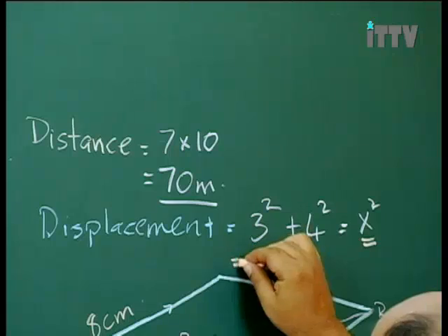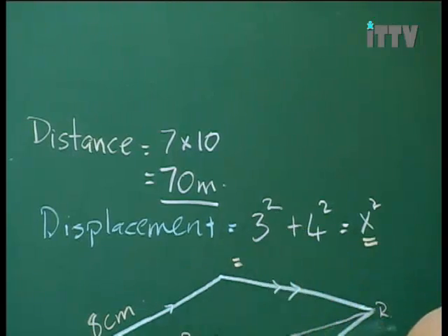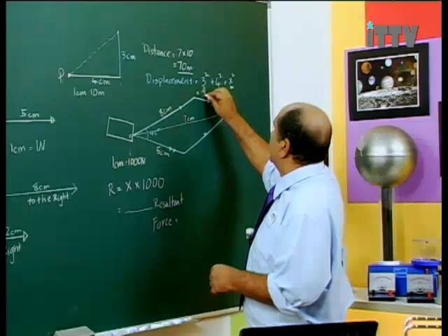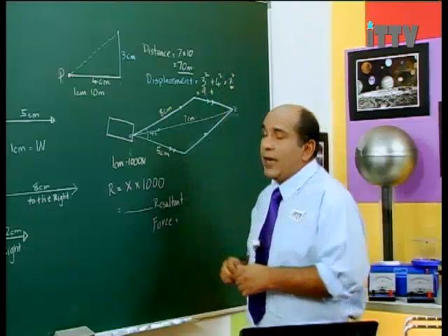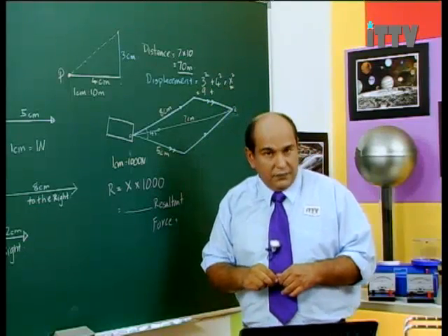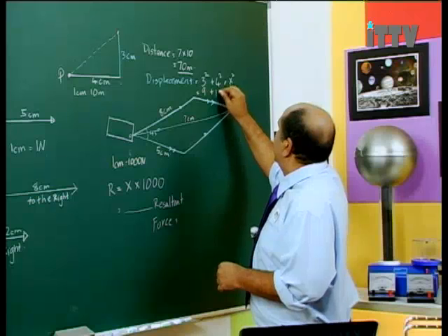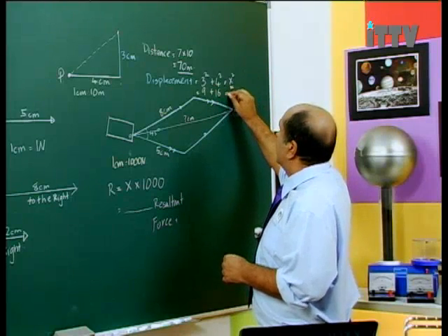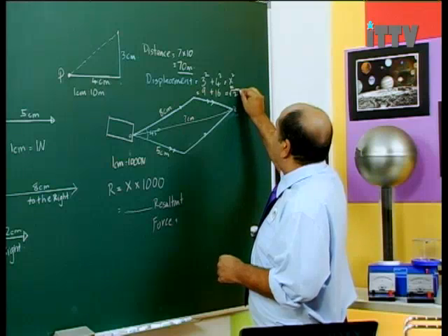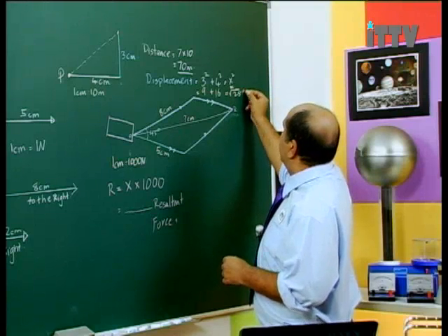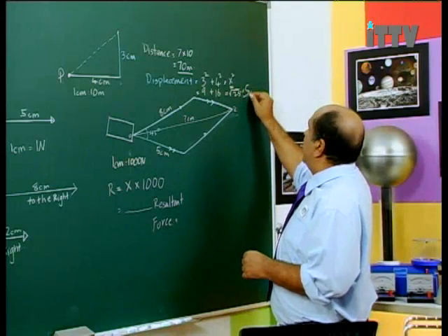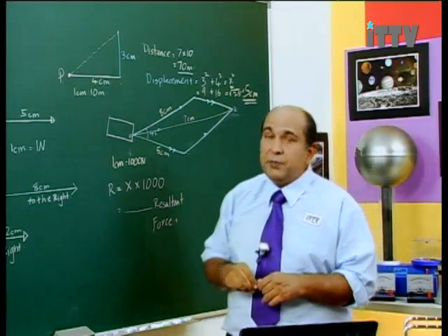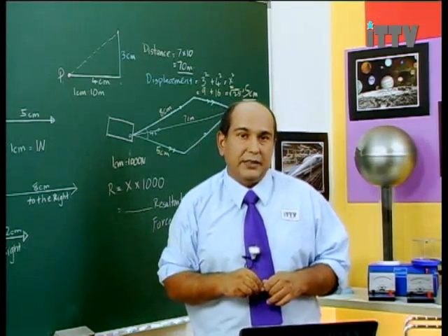So if we do the maths, 3 squared, very good, 9, plus 4 squared, very good, 16. Add the two numbers up and do a square root. So the square root of 25 gives us a value of 5 centimeters. So his displacement is 5 centimeters.